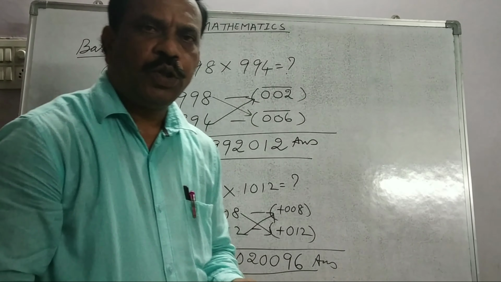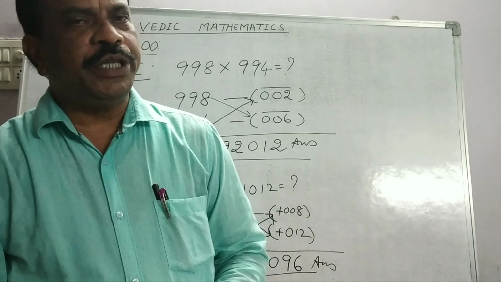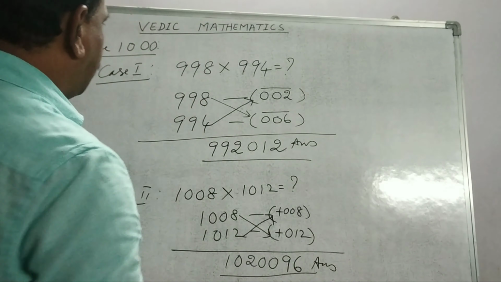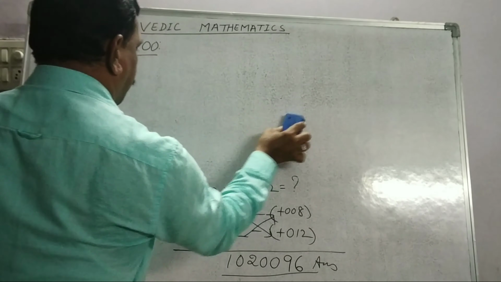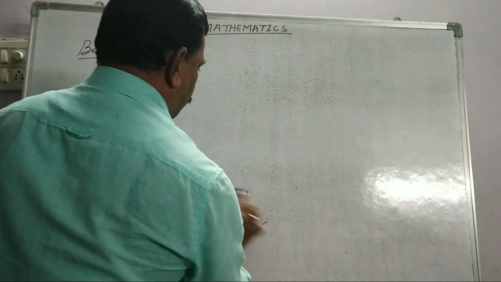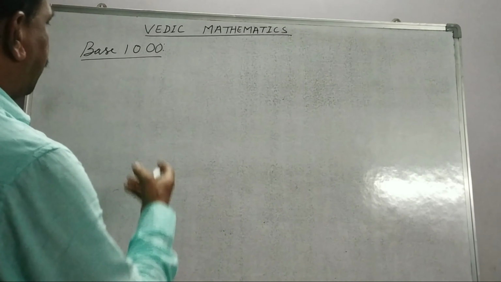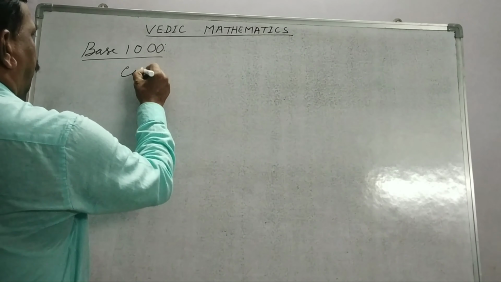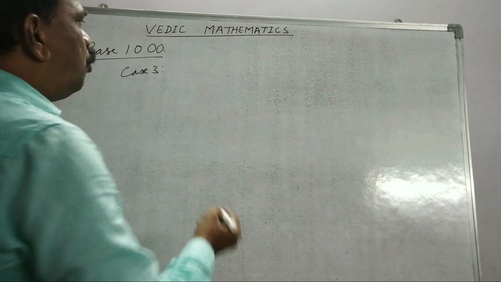Now let us go to the third case where we apply the sutra ekanyunyena purvena. Now case 3 is when one number is less than the base and one number is more than the base.